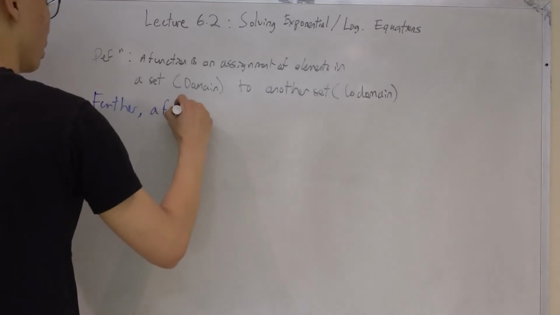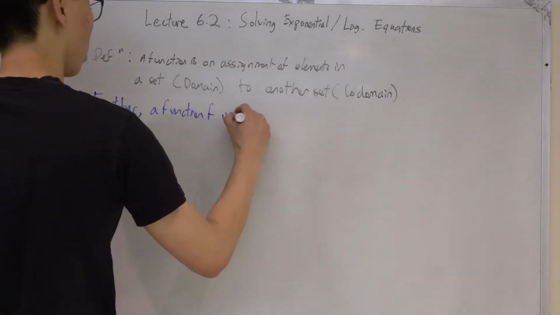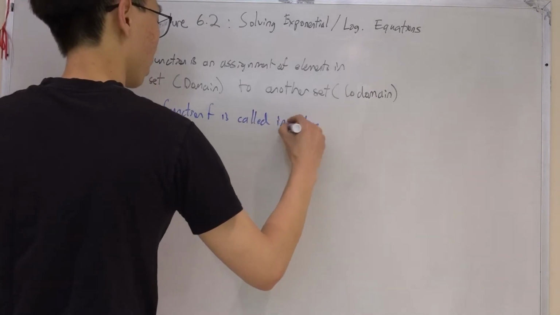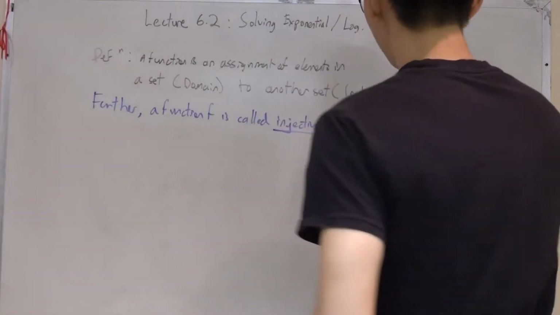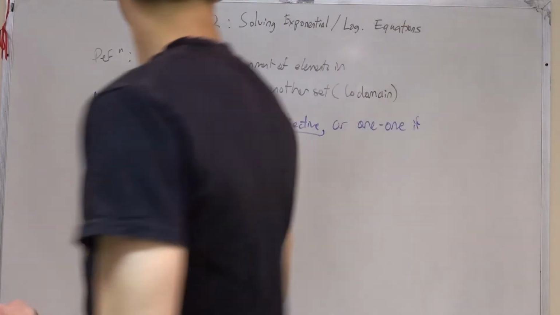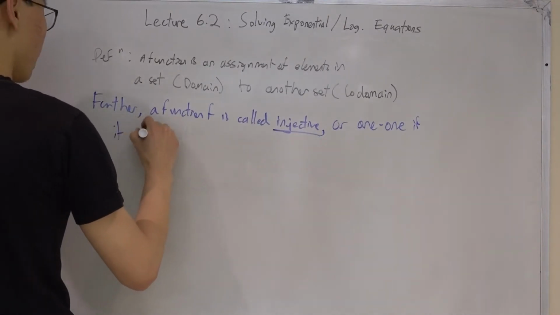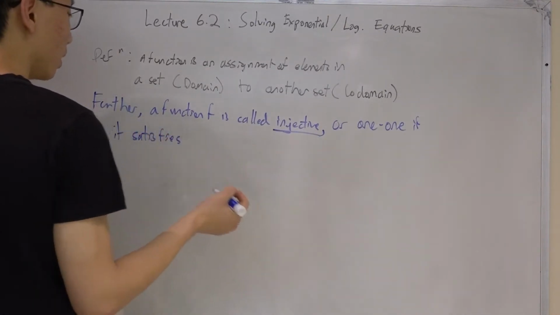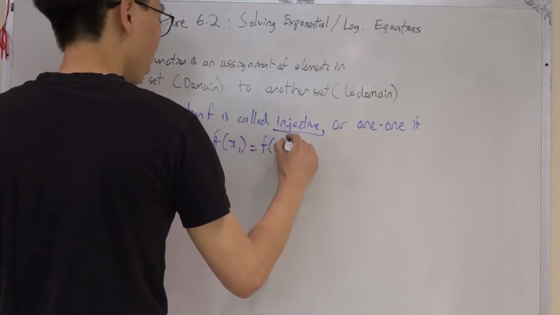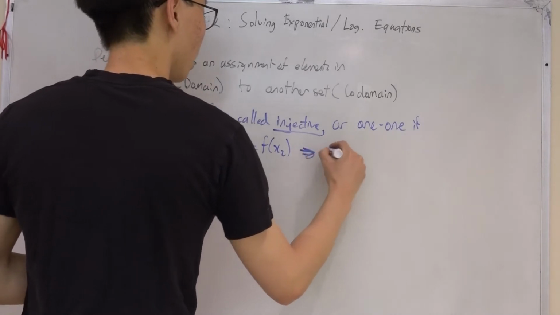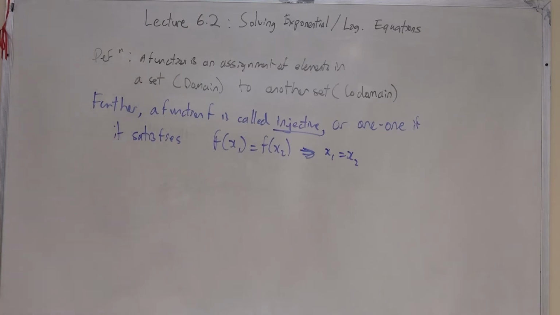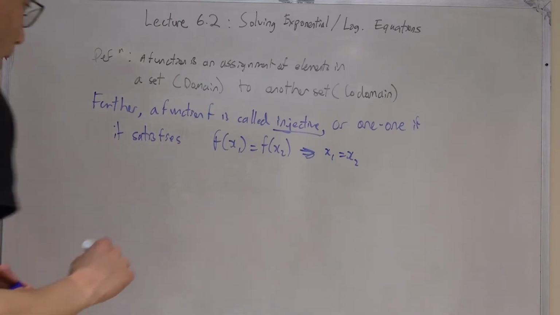Such a function, f, is called injective, or one-to-one, if it satisfies the property that f of x1 equals f of x2 implies x1 equals x2.